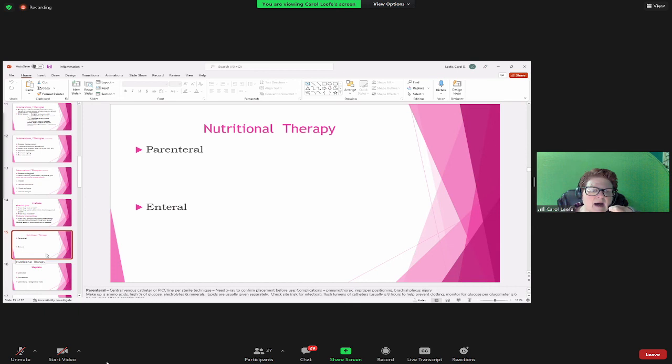And they tape it, and it's charted so that when you come on, if it's sticking out this far, if you try and push it back, you're going to have to get another x-ray to make sure it's where it needs to be again. Because you can't just take for granted that when you check a residual, which means you pull back and aspirate stomach contents from the tube, it's like, where in the stomach are you?